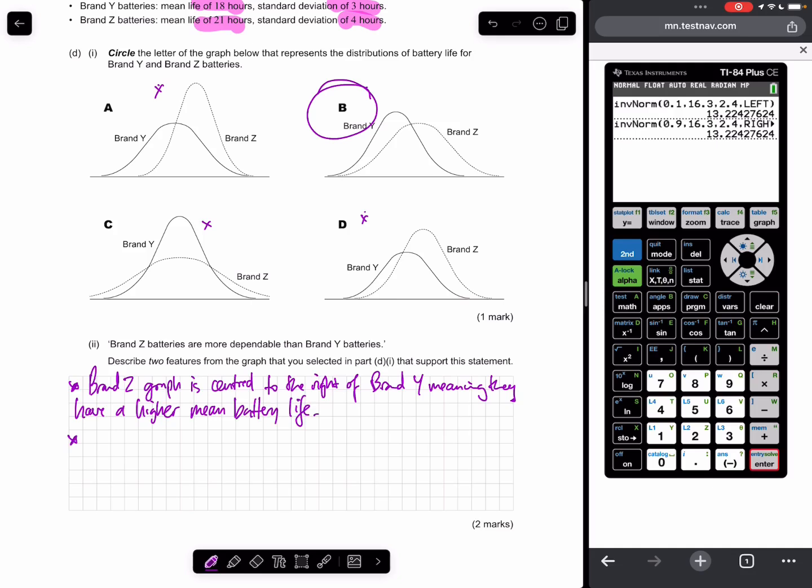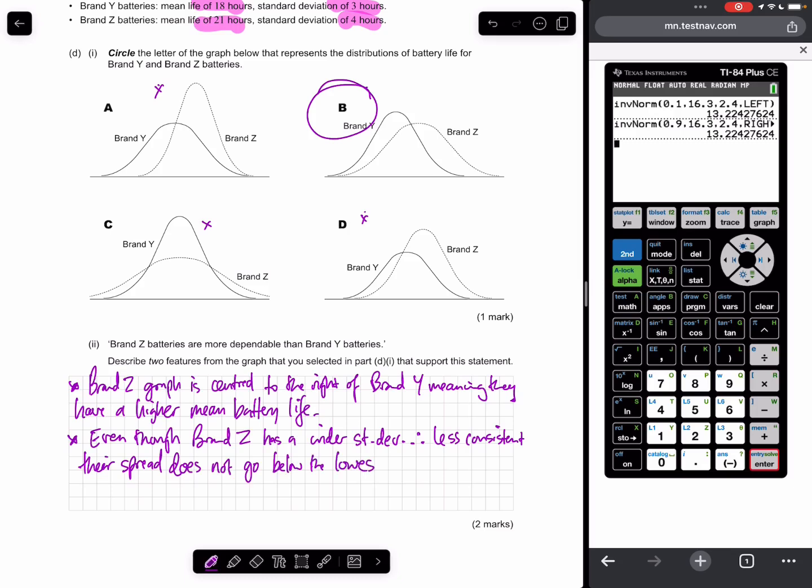Another point: even though brand Z has a wider standard deviation, therefore less consistent, their spread does not go below the lowest battery life for brand Y, i.e. the shortest life.